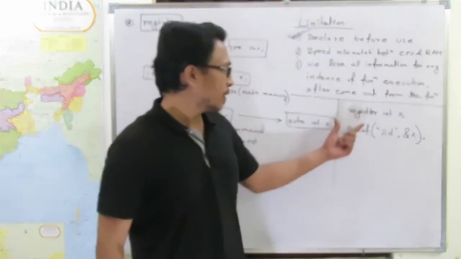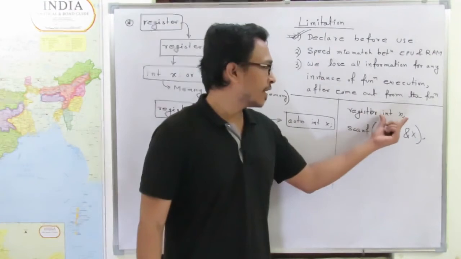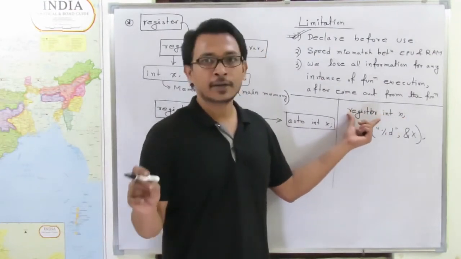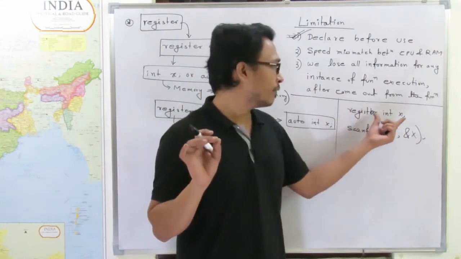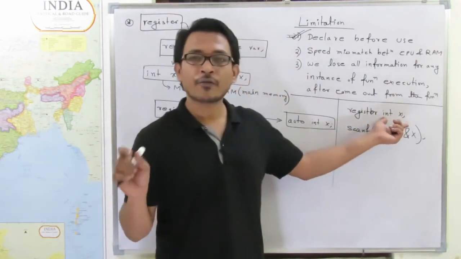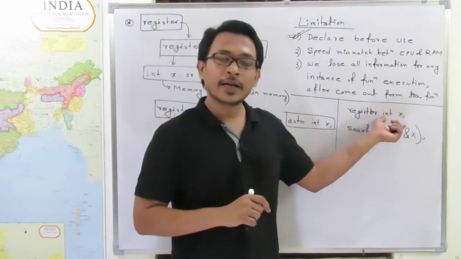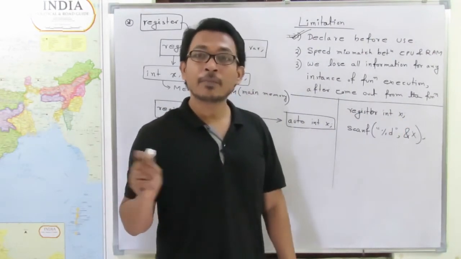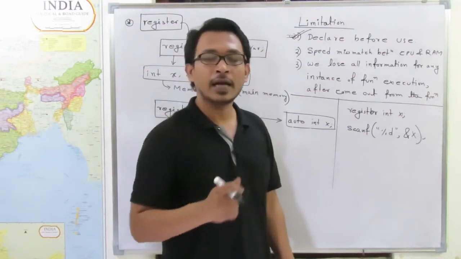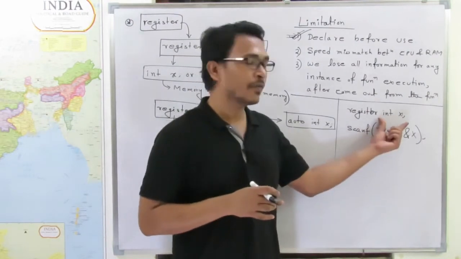Now, as we already declared the variable x as register, it is not guaranteed that the memory for this variable will be allocated from a register only. It may be allocated from main memory, but we don't know from where the system will allocate memory for this variable.